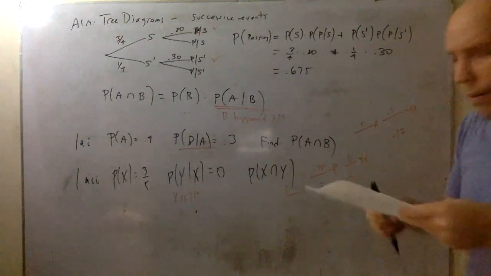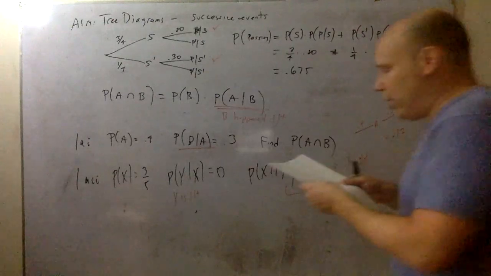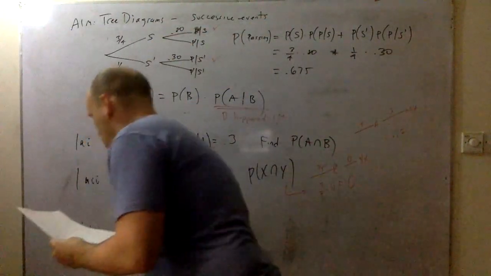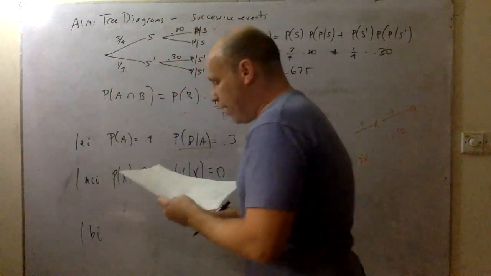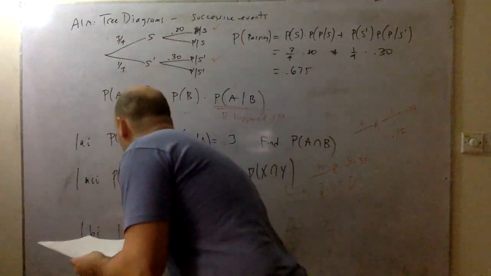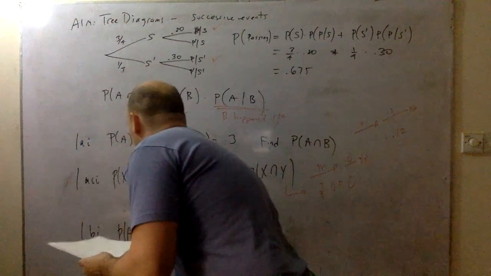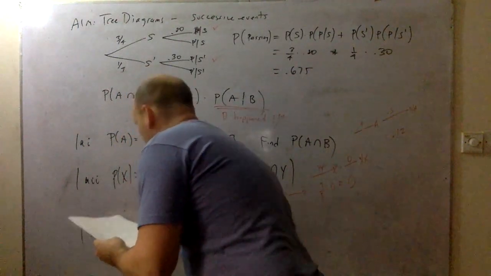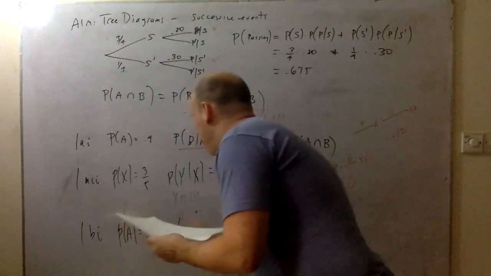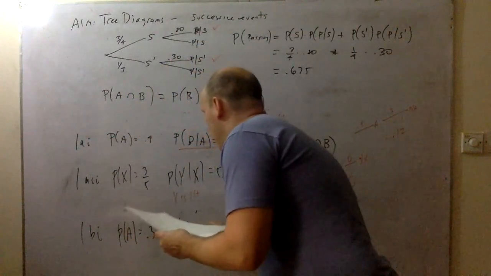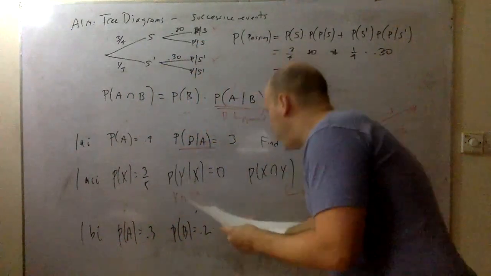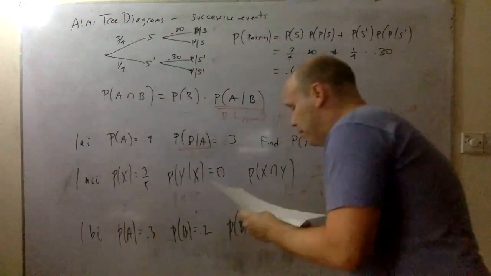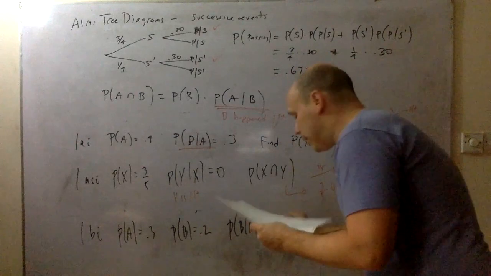Let's look at the next problem. There's a mistake in 1B1. They say the probability of A is 0.3, the probability of B is 0.2, and the probability of B given A is equal to 0.8.